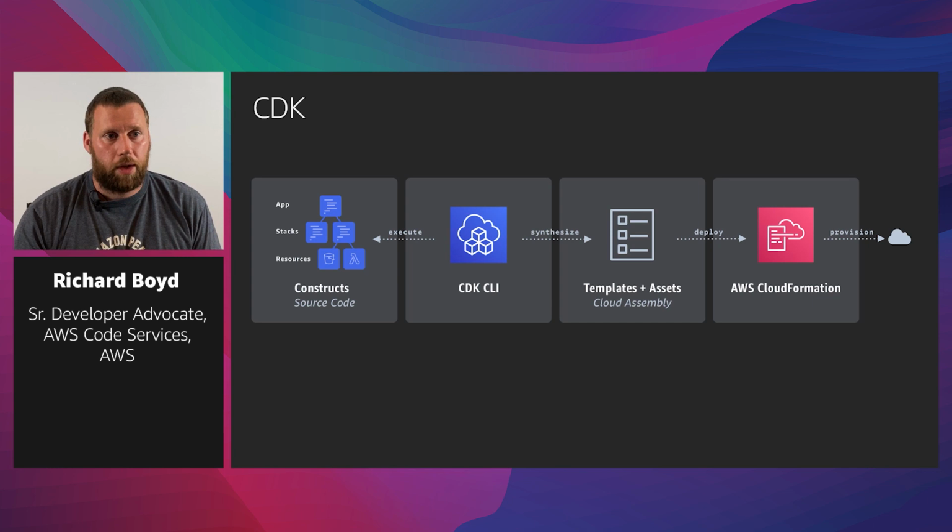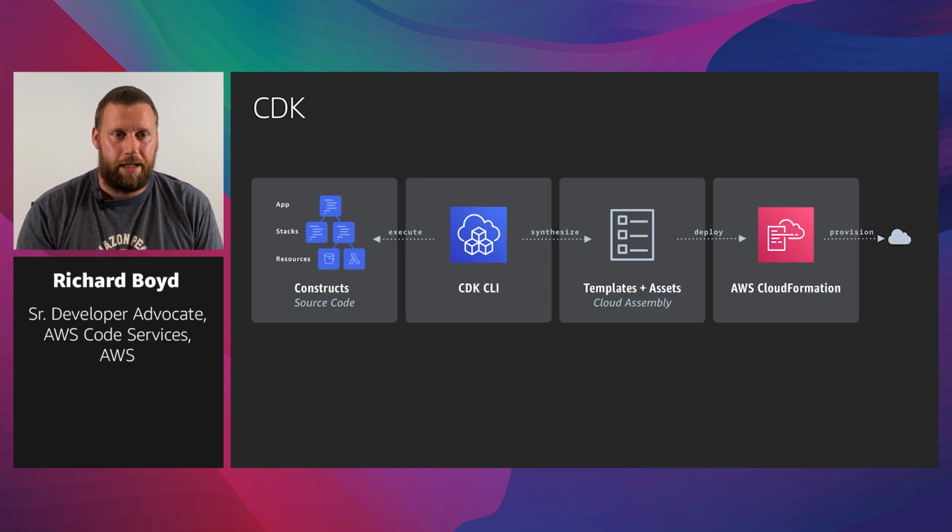So we'll quickly walk through how this looks mechanically. The CDK is composed of what we call constructs, which are an application, stacks, resources. There's the CDK CLI, which is a client-side tool that interacts with the constructs, but also interacts with CloudFormation or the CDK engine. The CDK CLI will output CloudFormation templates and assets that are used to support those templates, and the CLI will also deploy it to CloudFormation.